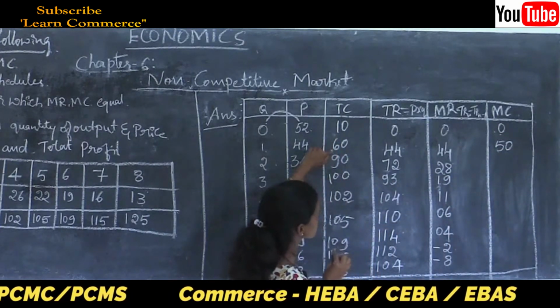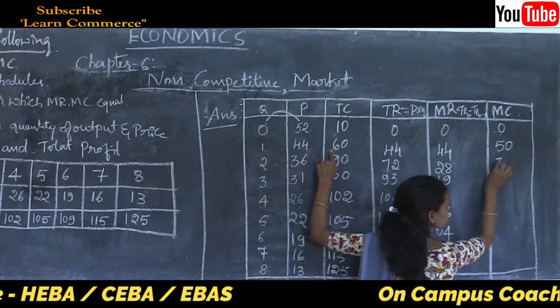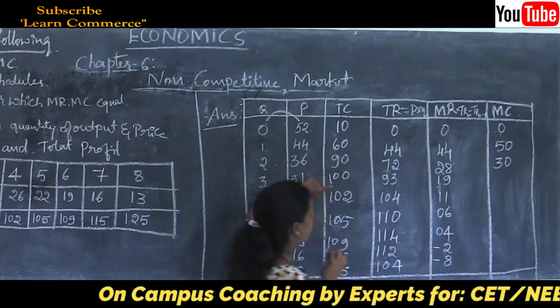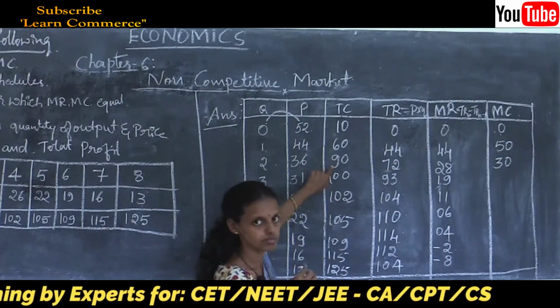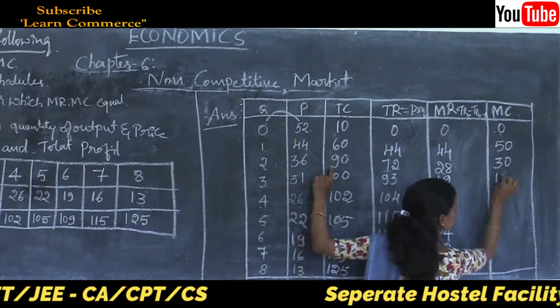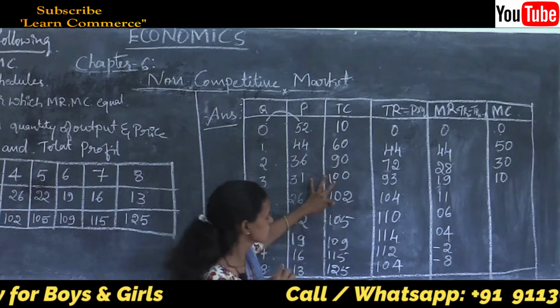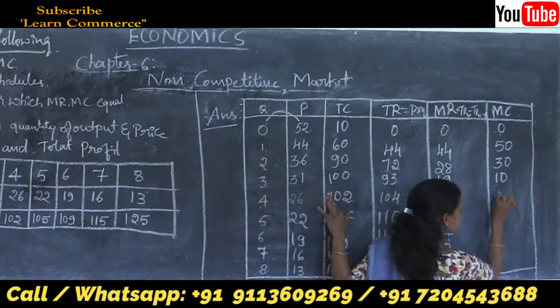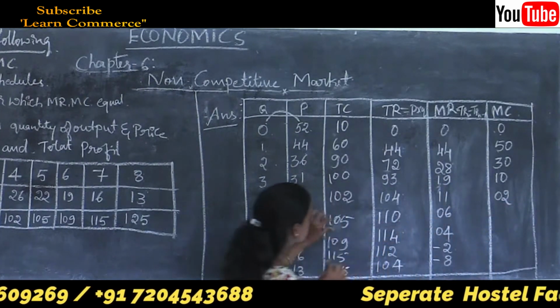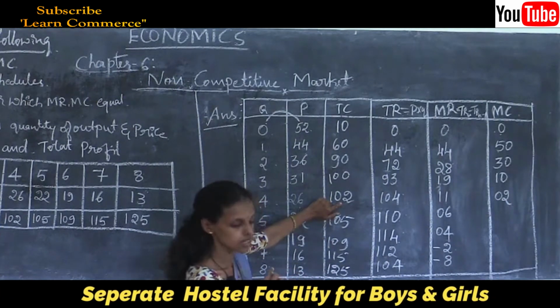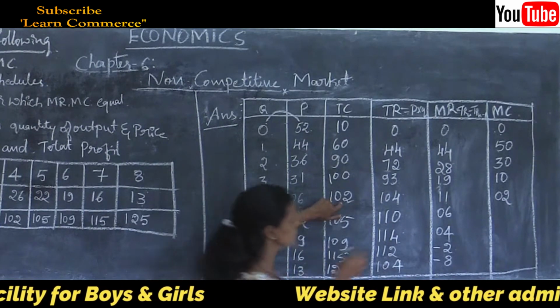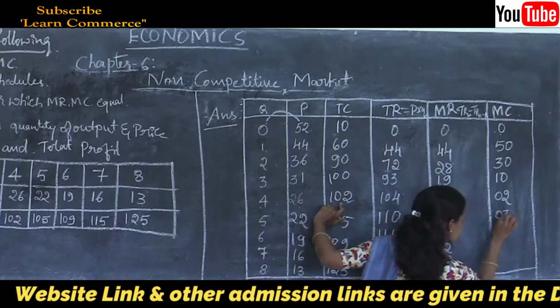Again 90 minus 60, 30. Again 100 minus 90, 10. Again 102 minus 100, 02. 105 minus 102 is 3, we write 03.